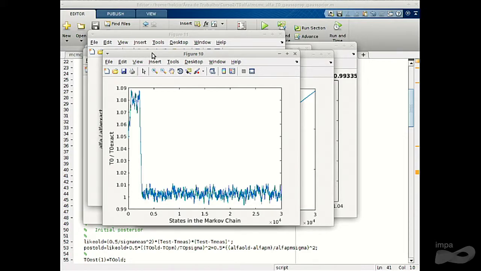Gaussian proposals, Gaussian random walks, are nice, but a question remains about the standard deviation of this Gaussian move. You should always play a little bit with the standard deviation of the Gaussian proposal.